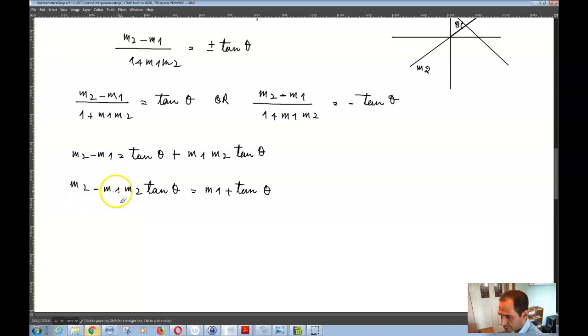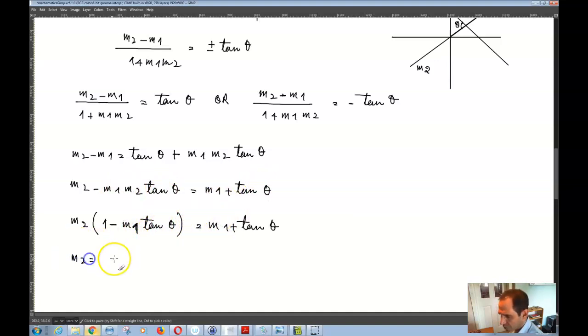If I take m2 out, I get m2 times (1 minus m1 tan theta) is equal to m1 plus tan theta.